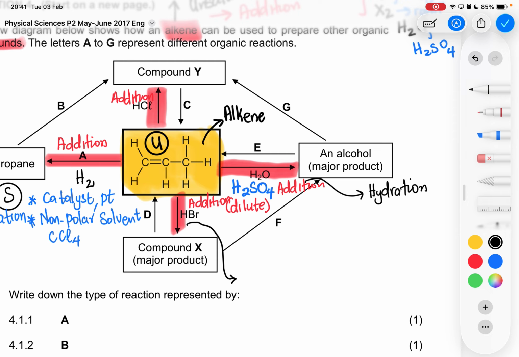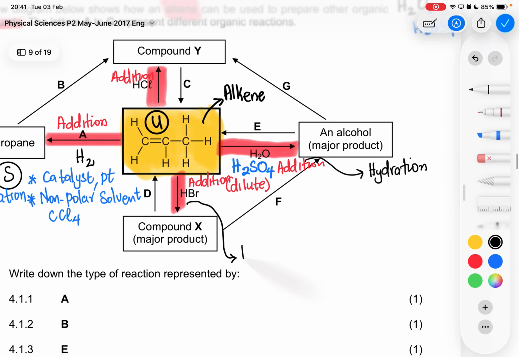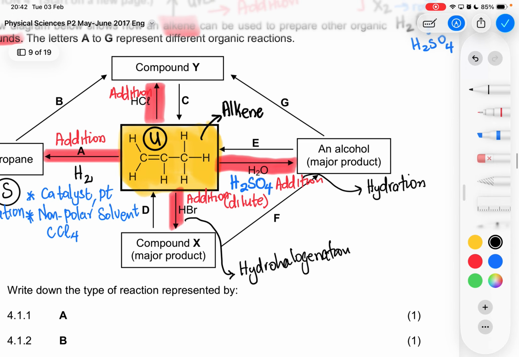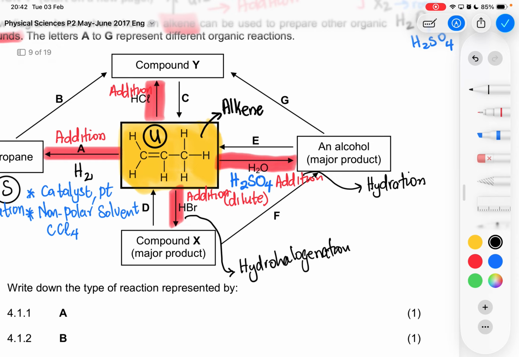What kind of addition reaction is this? Halogenation, number one. So it's halogenation. You are very correct. Halogenation. And do you still remember the reaction condition for this one?